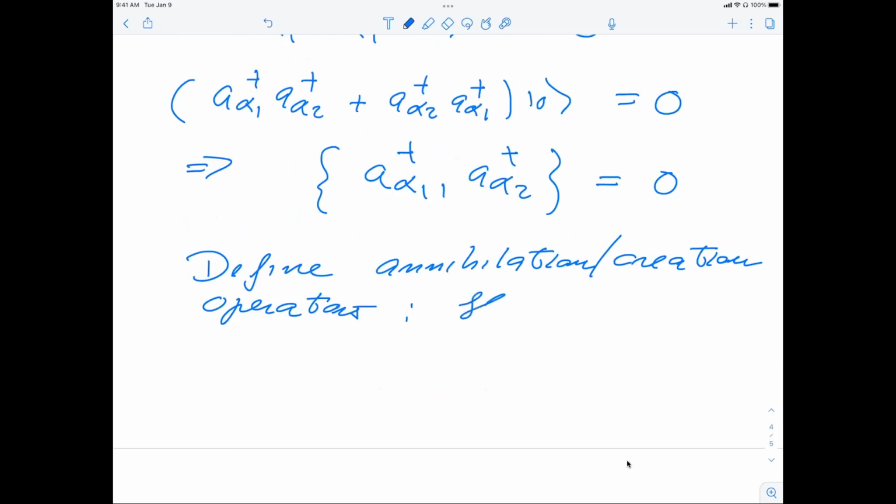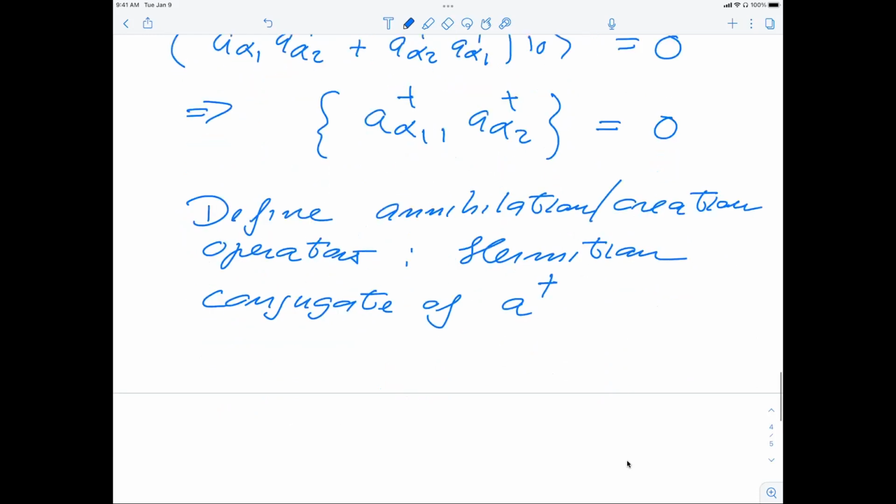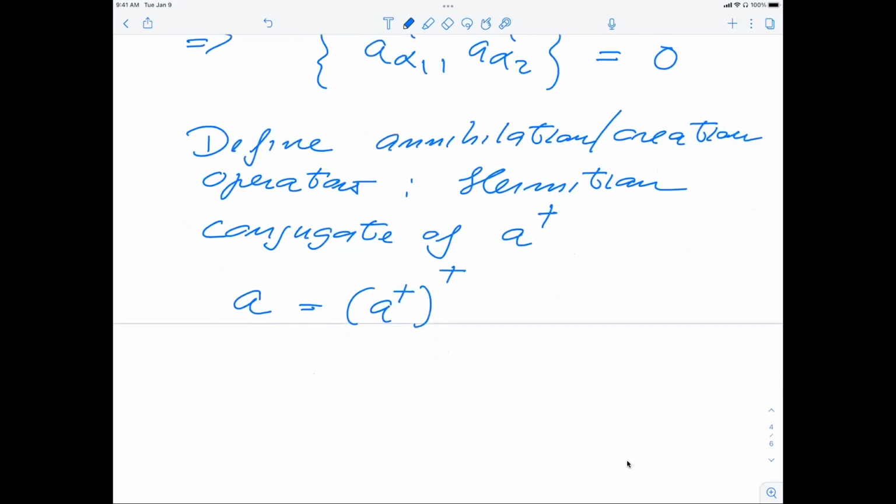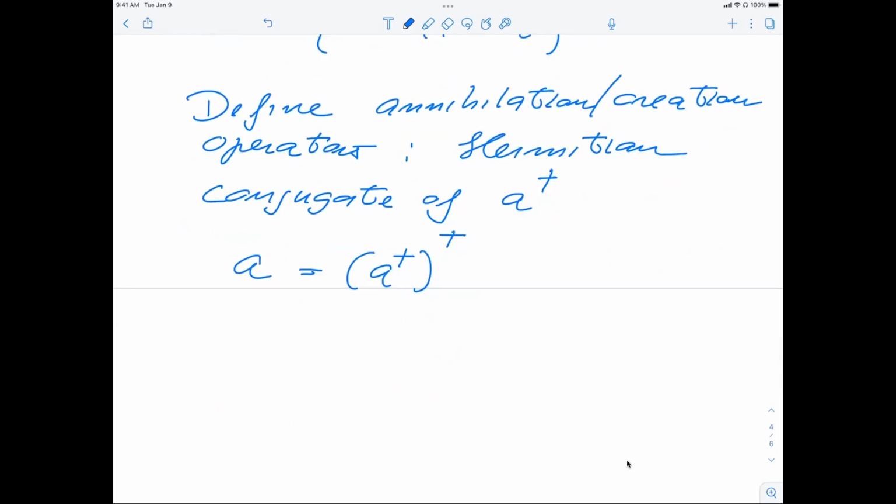So that means that I'm going to have an operator A, which is simply the Hermitian conjugate of this operator A dagger. Now, this is going to have some calculation rules which we need to define. And one of the calculation rules is that A acting on the vacuum state is equal to 0, obviously. I mean, there's nothing to destroy.